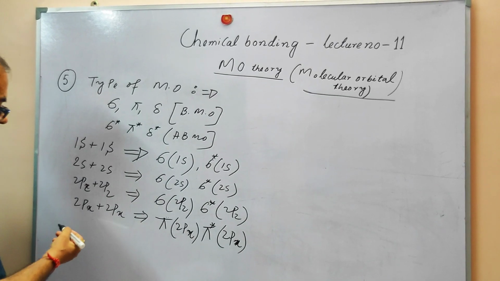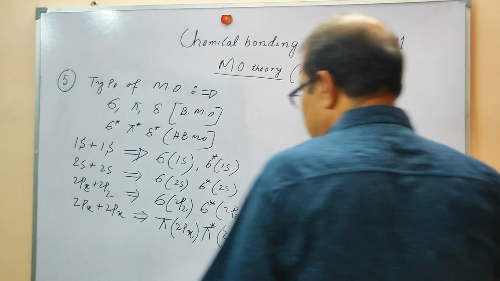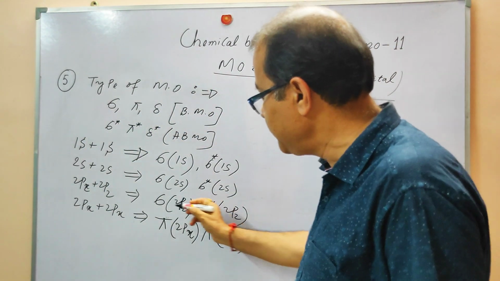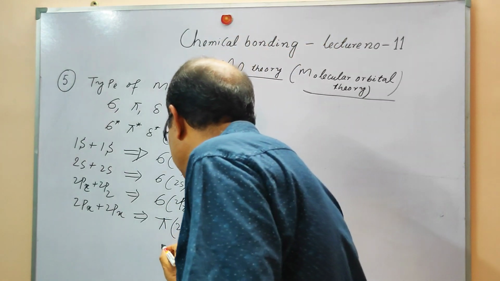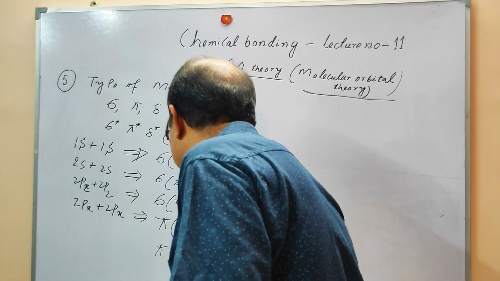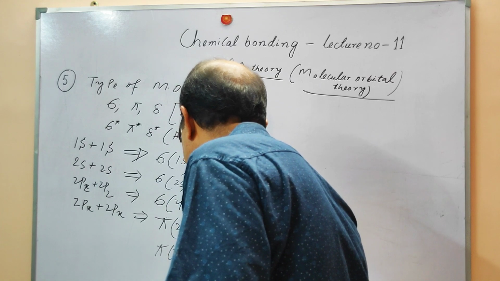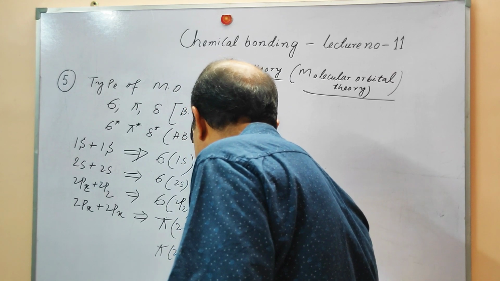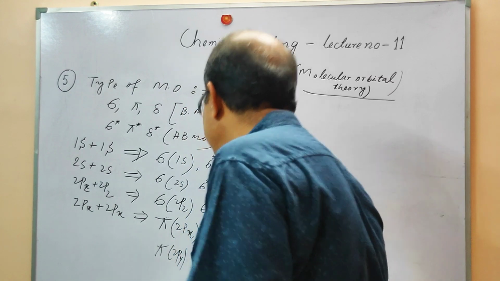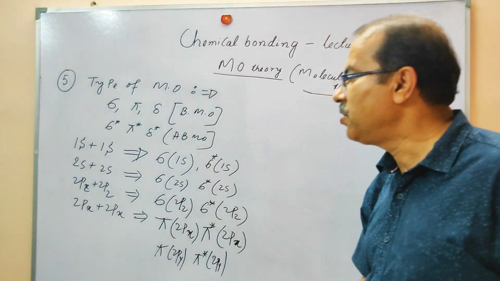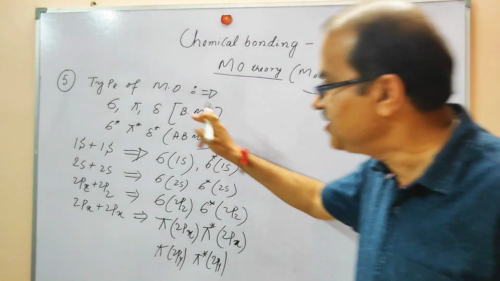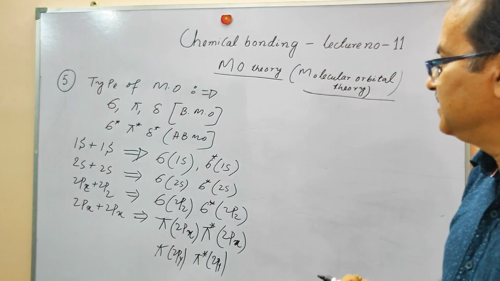This will be the same for 2py also: it will produce pi 2py and antibonding pi star 2py. So these are the molecular orbitals produced from the respective atomic orbitals.